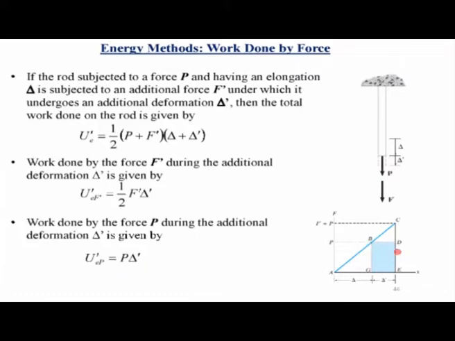That is the area of this shaded rectangular portion under the curve. So this triangular portion represents the work done by the additional load F dash, and the work done by the already existing load P to undergo the additional deformation is P times delta dash, so that half term does not come here for the load which is already existing. This concept will be used when we study the method of virtual work in detail.